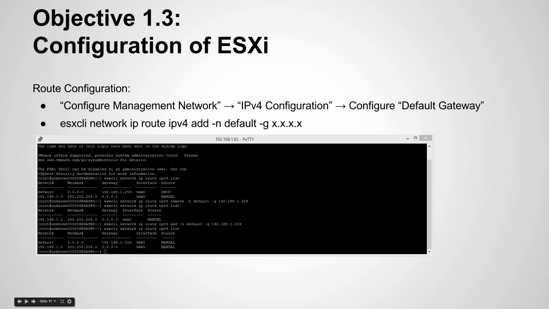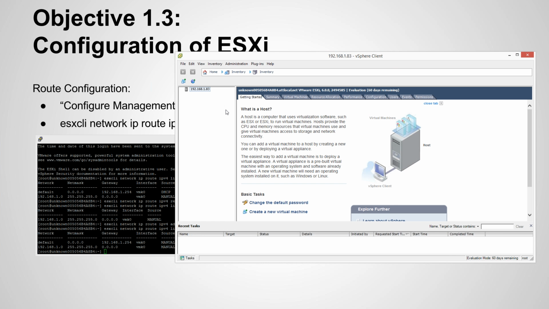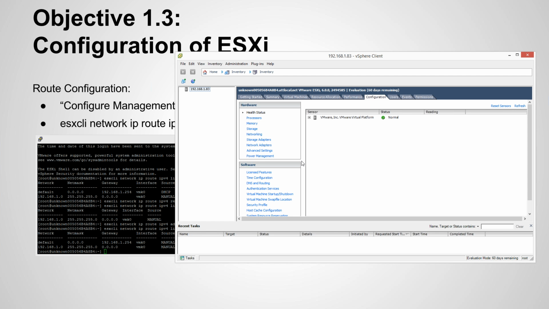If you happen to be able to connect to your host even without the routing being set, you can log into it through the vSphere client. So even they still have an actual thick client.